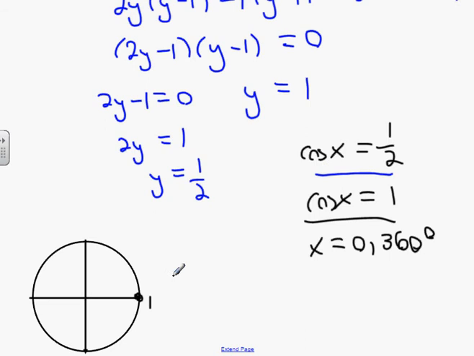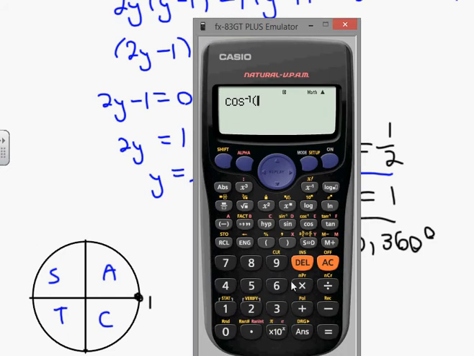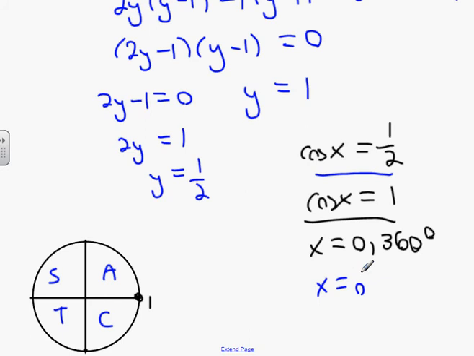Now for cos x equals a half, we have ASTC. We cos inverse a half, and you get 60 degrees. So x equals 60 degrees.